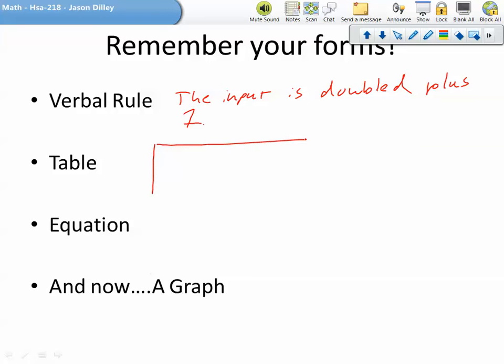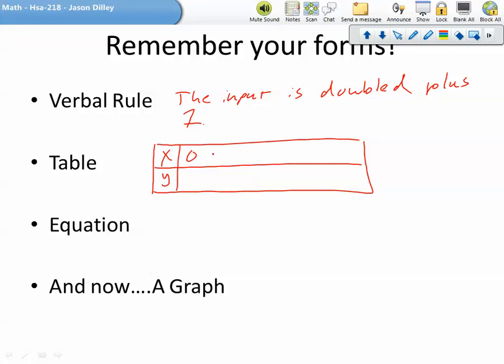A table that represents that might be something like this, where we have a few values. Double the input, 0 plus 1, 1. Double the input, 2 plus 1, 3. Double the input, 4 plus 1, 5. Double the input, 6 plus 1, 7. Double the input, 8 plus 1, 9. So there's a table that represents that verbal rule.